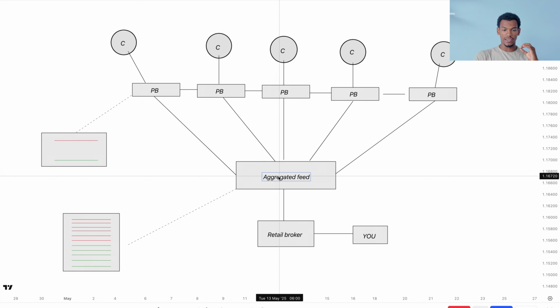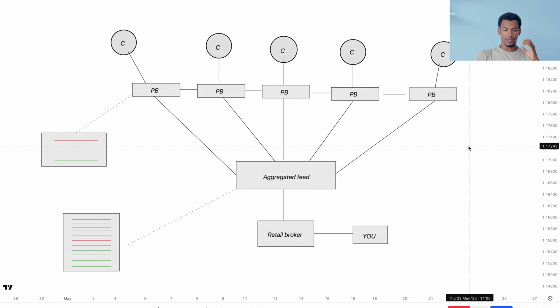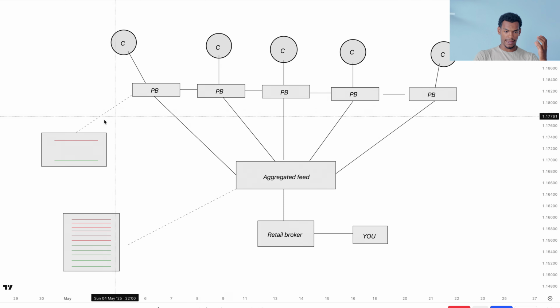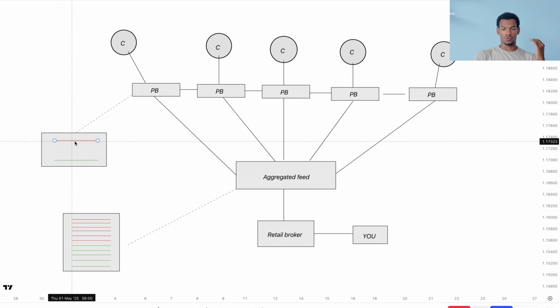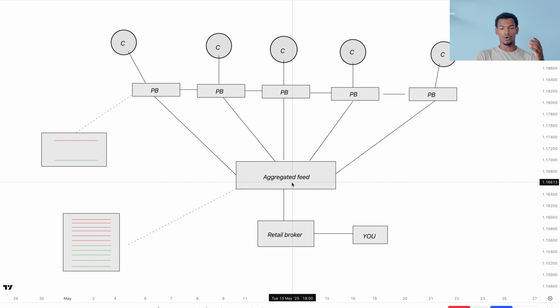What the aggregated feed is, is that each individual liquidity provider will be streaming a quote, which again looks like this, from an individual provider. Each one of these banks will send out a quote into the aggregated feed, like CurrentX or FXall or Integral. They'll send these out into these feeds, and it's not just one aggregated feed.